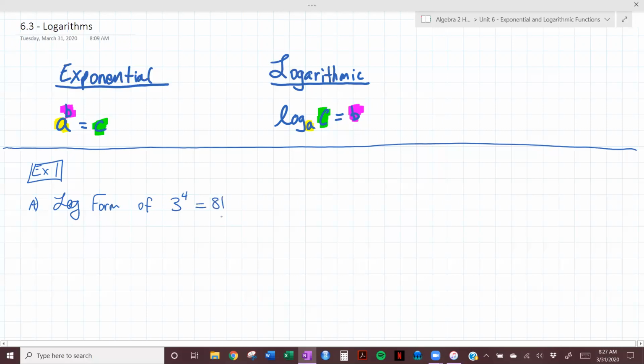So the log form here, our base is 3, the exponent is 4, and the result is 81. So in order to transform 3 to the 4th equals 81 to log form, it's going to be log base 3 of 81 equals 4.